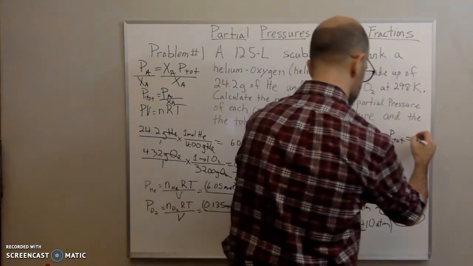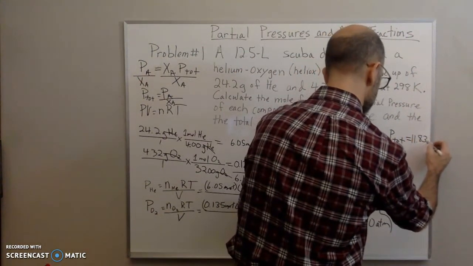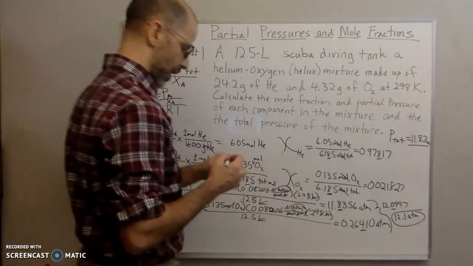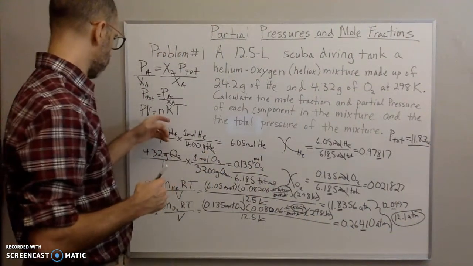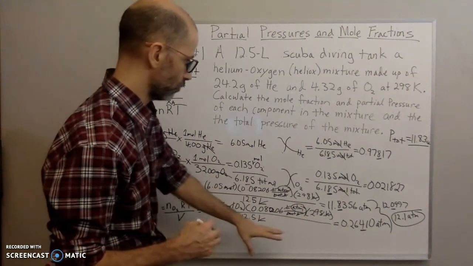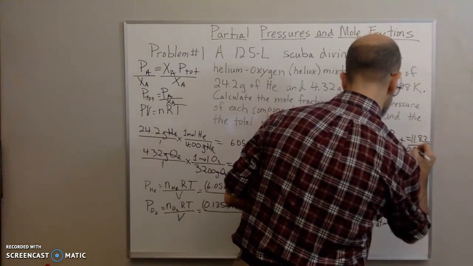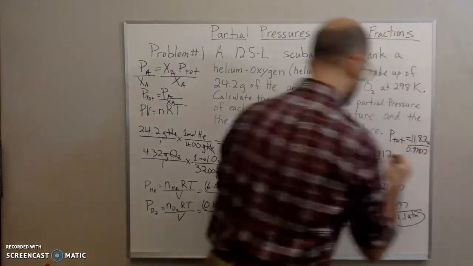So here, P total is going to be equal to the partial pressure of helium, which is 11.83 atmospheres divided by the mole fraction, which is 0.97817.